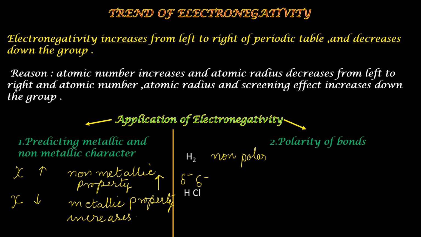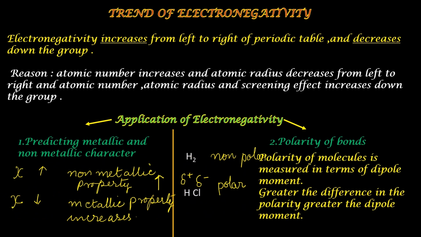So the molecule is a polar molecule. So in the molecule, one end develops a negative charge and the other end develops a positive charge. There is charge separation. Such molecules are polar molecules and they have partial ionic property or character.